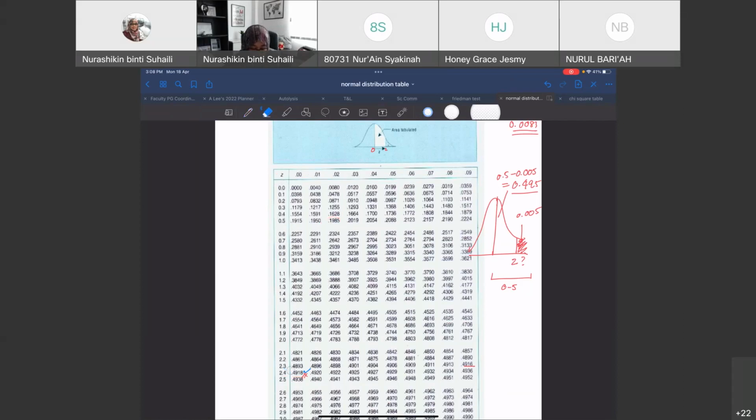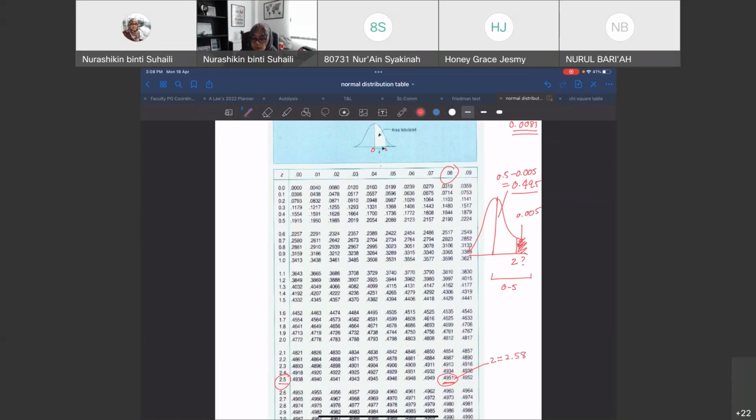So we have to find 0.495. The nearest one is this one. That will give us the value of Z, 2.58. So our Z value is 2.58.